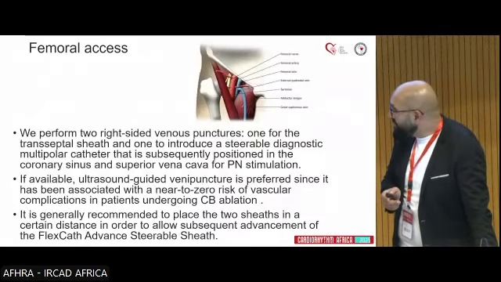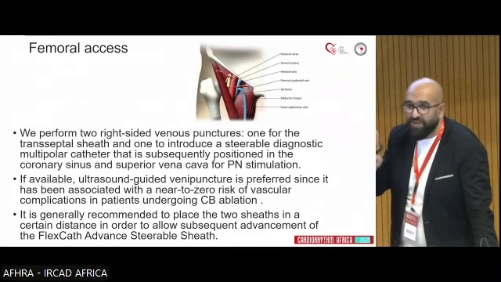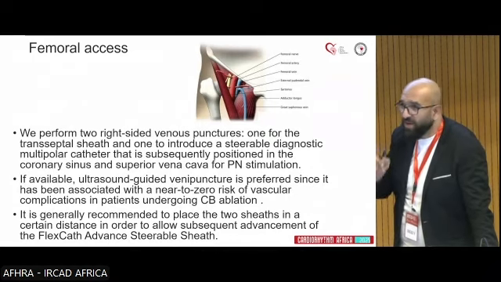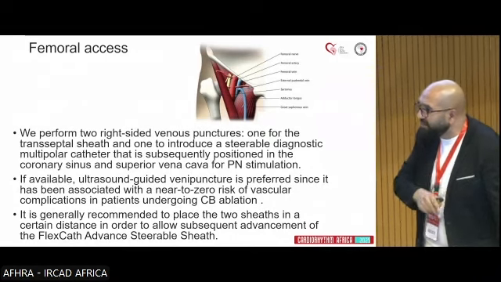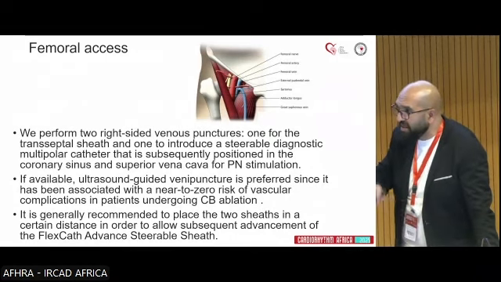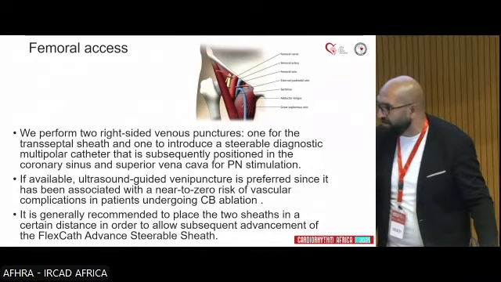Femoral access. We have only femoral access, 2 venous accesses. One for a deflectable decapolar catheter to engage the CS, and the other for the FlexCath and cryoablation. We prefer to make the venous access a little bit lower.